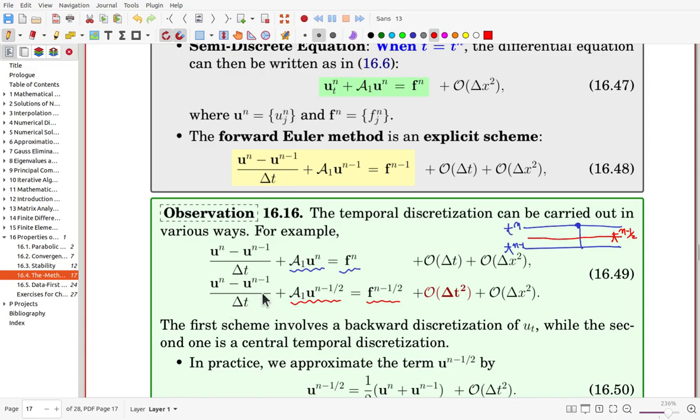The quantities are exactly the same, however the basic level is different, so this becomes a central difference, and in the time direction the error will be second order.